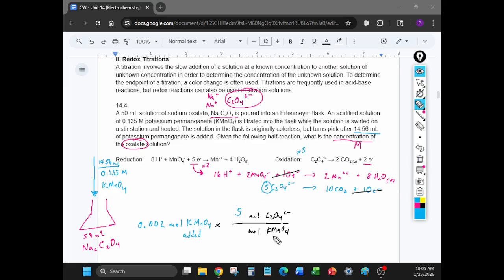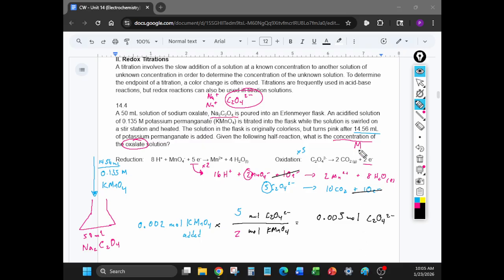There's no potassium permanganate, but if you take a look, we have permanganate. And there's 1 permanganate in every potassium permanganate, so it'll be 2. So 5 over 2. All right, and if you use dimensional analysis to simplify this, you should get 0.005 moles of C2O4 2-.